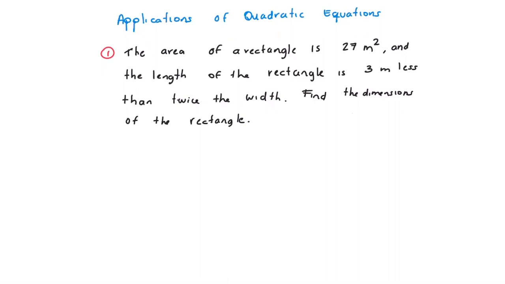Let us do the rectangle. Let us imagine that this is the length and this is the width, because that is what we all know about rectangles since forever. Then they mention that the area is equal to 27 meters to the second power.